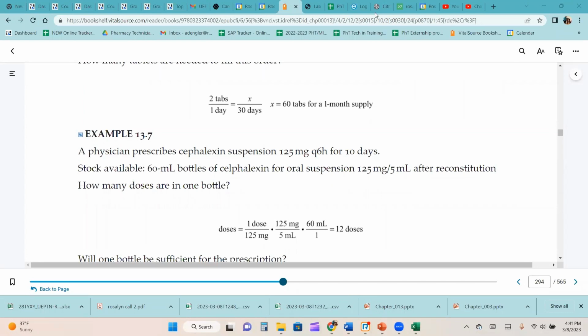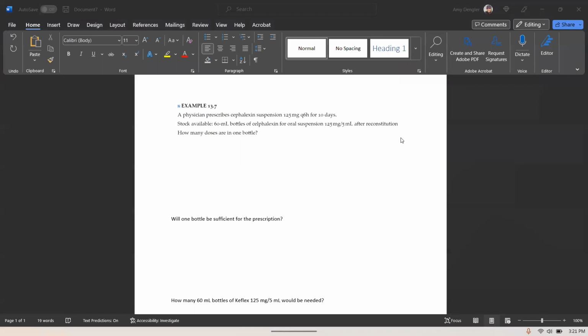Okay, now we'll do example 13.7. A physician prescribed cephalexin suspension 125 milligrams every 6 hours for 10 days. In stock, we have 60 ml bottles of cephalexin for oral suspension, which is 125 milligrams per 5 ml after reconstitution. How many doses are in 1 bottle?